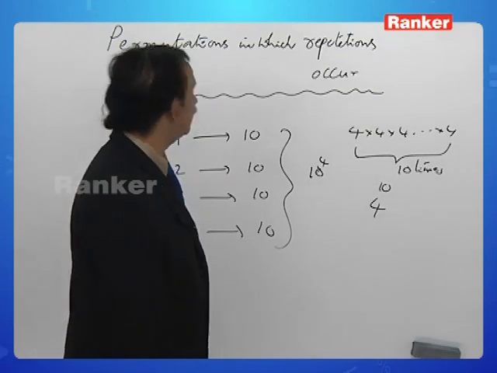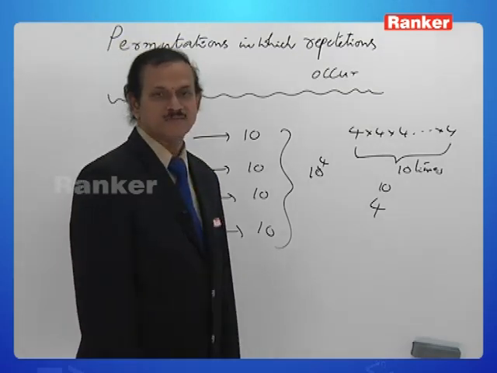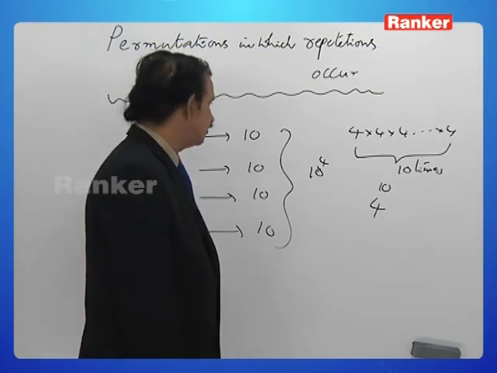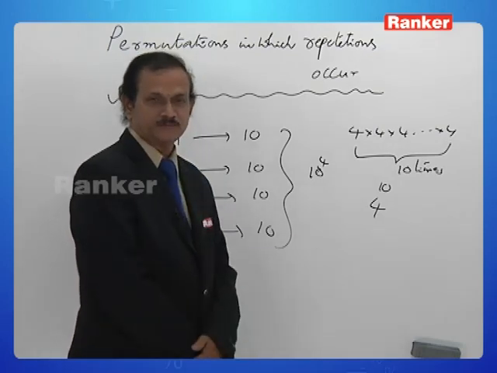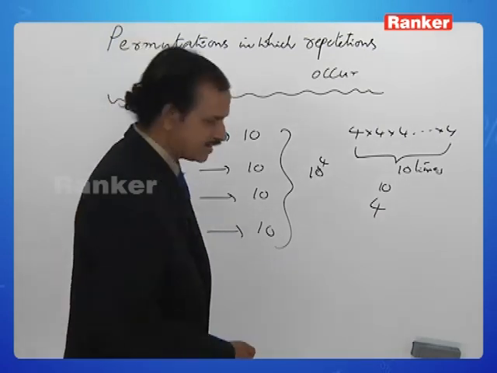In this way, we think of solving the problems in which the number of things is being repeated. Yes. Let us see some more examples in which repetitions occur. Let us now observe this question.